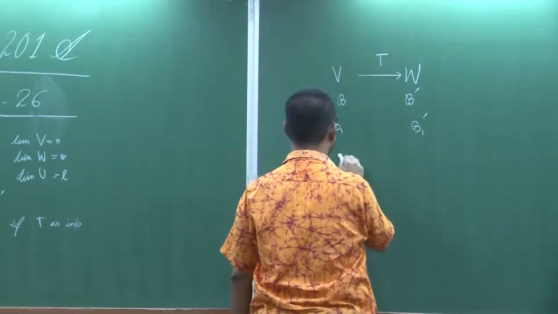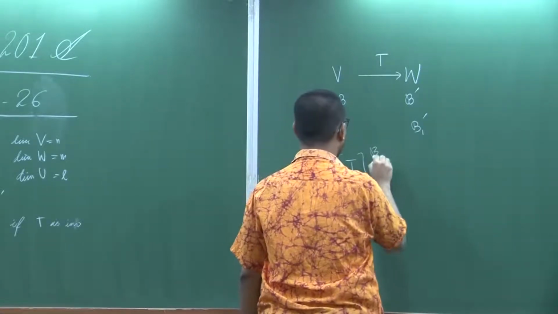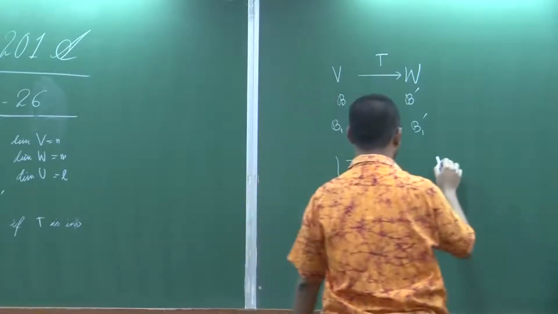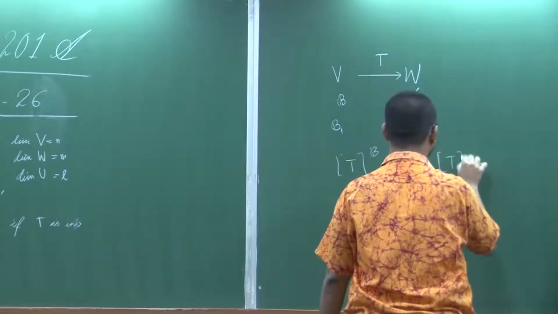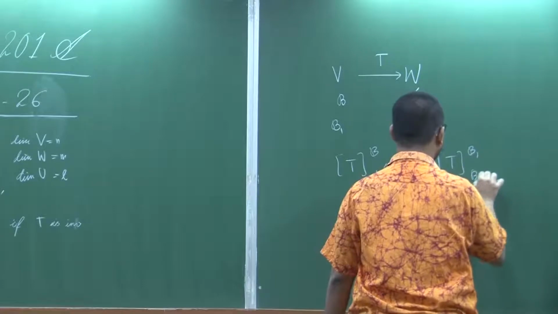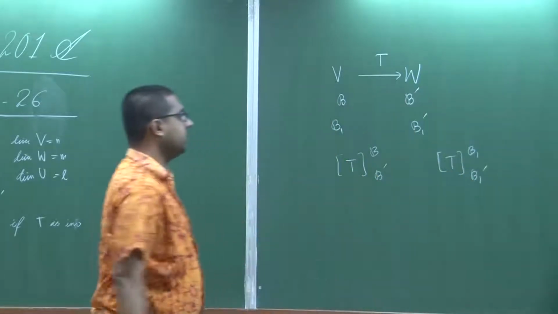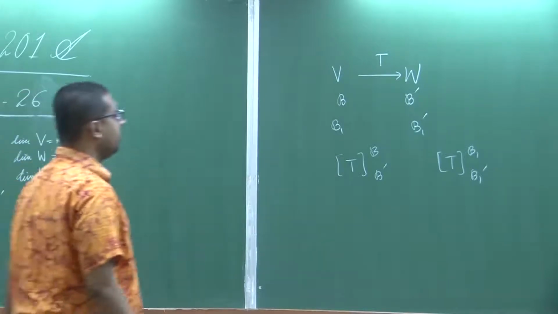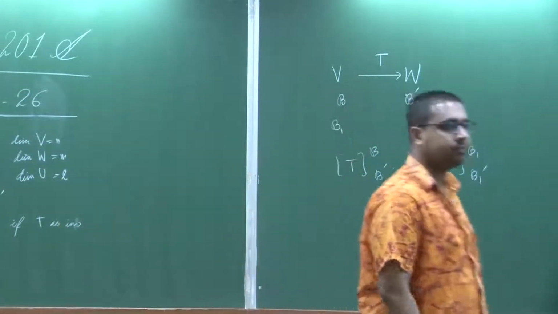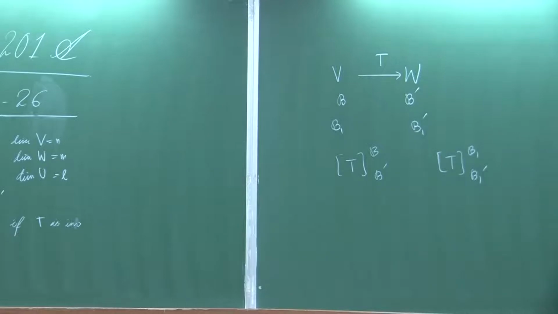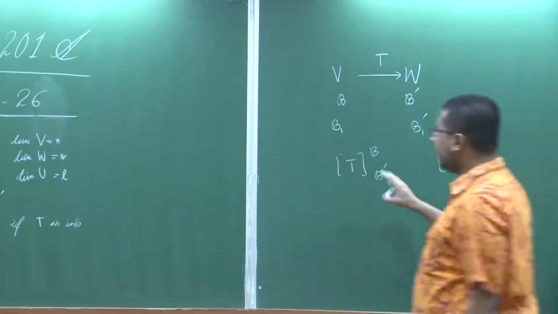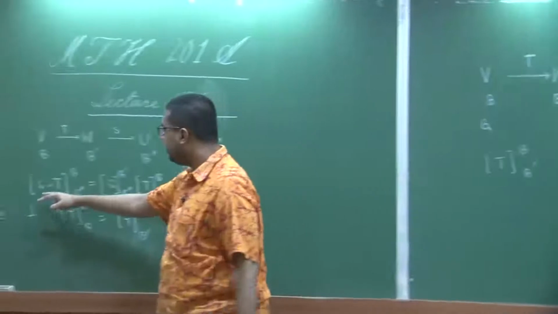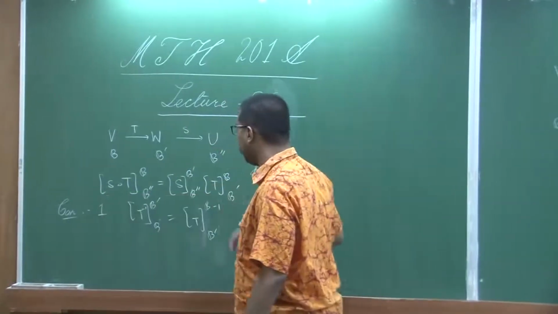So, with respect to B and B prime, the matrix of T is this, and with respect to B1 and B1 prime, the matrix representation is this. So, the question is, what is the relation between these two matrices? We will see that we can answer that very easily from this relation.